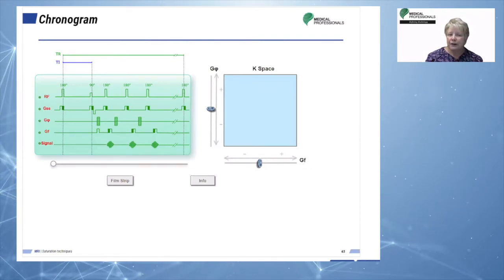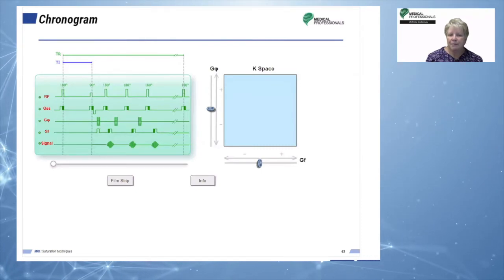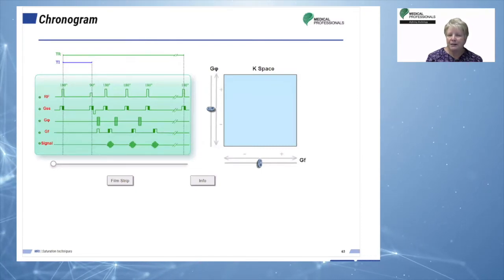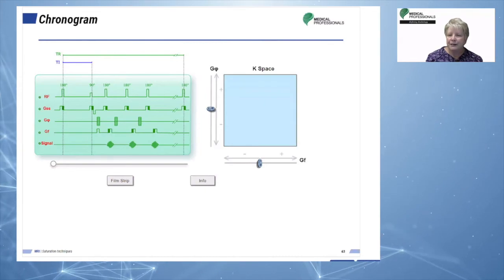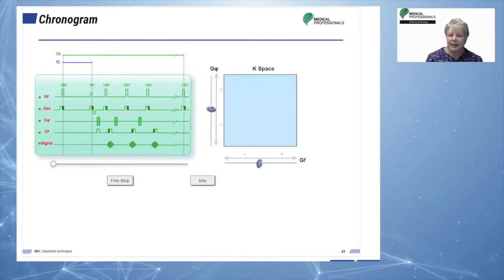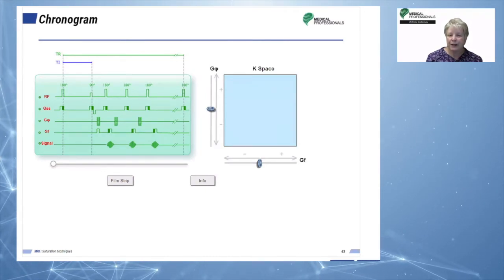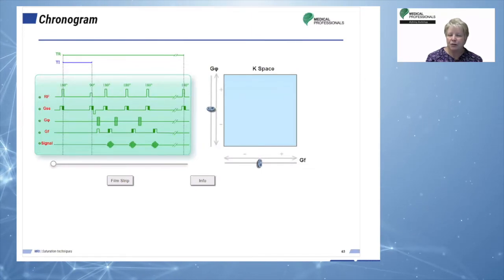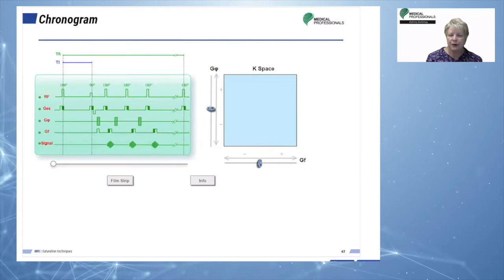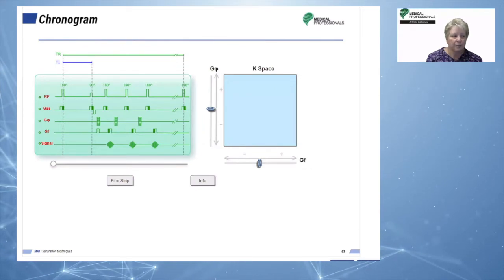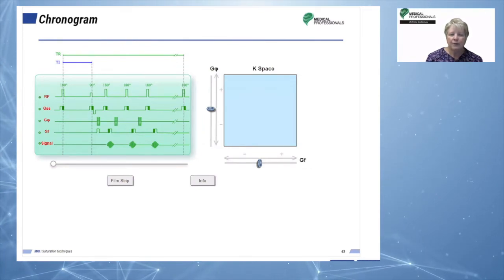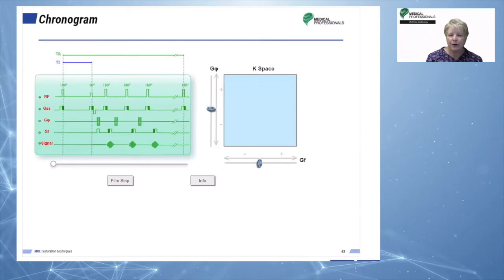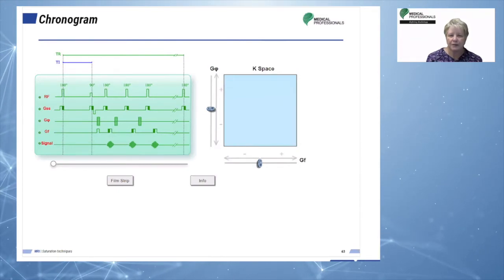At first look, the shape of the time diagram, or the chronogram, is identical. The difference in reality involves the excitation profile of the first 180-degree pulse. This is why the time diagrams, which do not take excitation profiles into account, are identical. We will examine this excitation profile in the slide parameters.